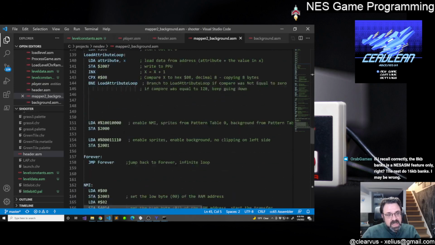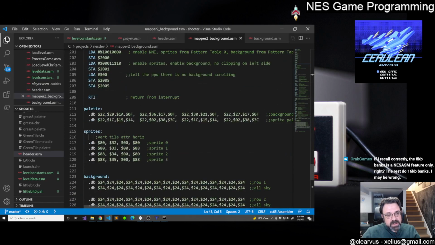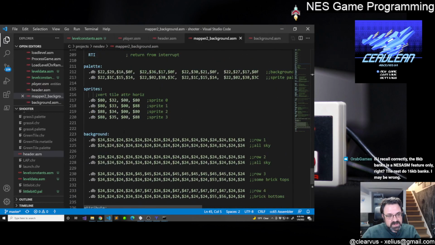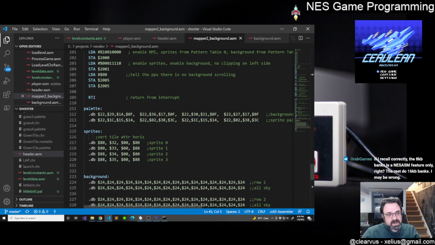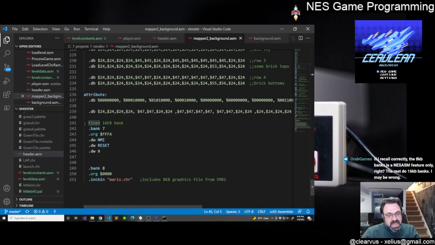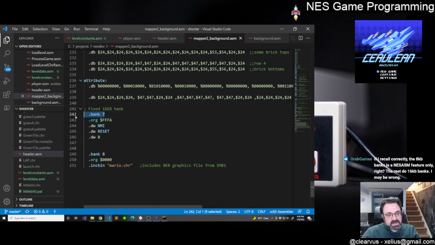And we have all the code that populates the background and reads the controller and all that other good stuff. And then we have all our data here. And then we have this last bank here, which is again the last 8K of the fixed bank, and we've just basically said the only thing we care about here is the reset.